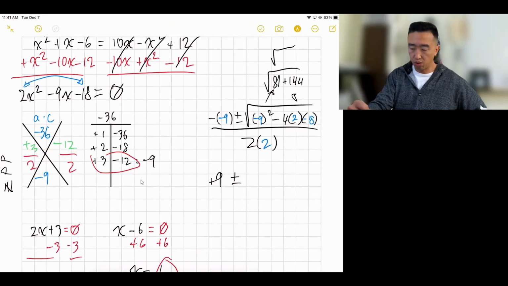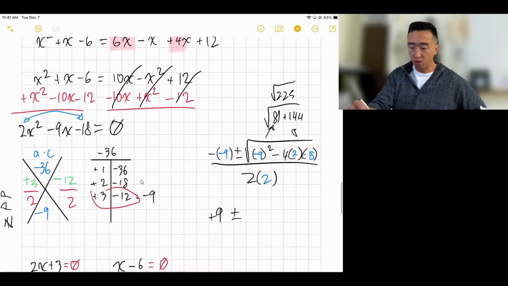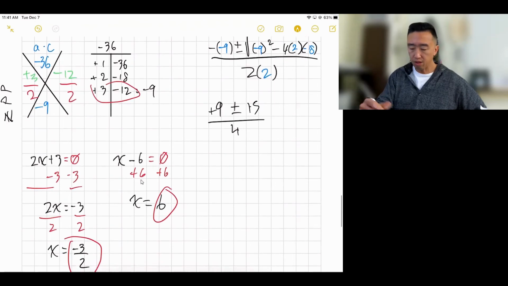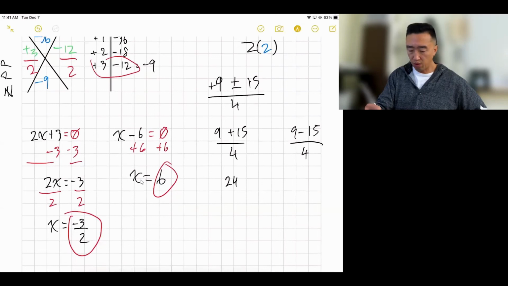And guess what? 225 is a perfect square, which is plus or minus 15 all over 4. So I'll say 9 plus 15 over 4, 9 minus 15 over 4. That gives me 24 over 4, which gives me 6.